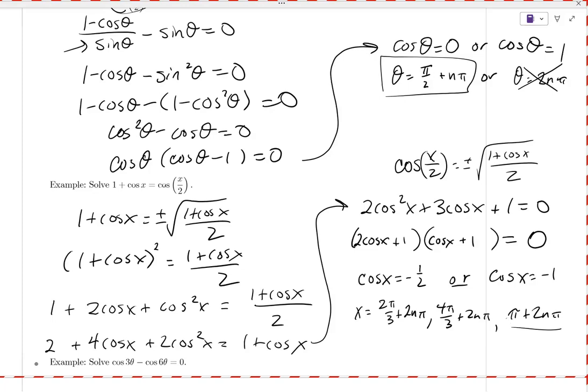But what happens if you put something in like 4 pi over 3? If I use n equal to 1 and put in 4 pi over 3, what happens? Cosine of 4 pi over 3 is negative, correct? This is in quadrant 3. It's negative a half in particular. Can the left-hand side ever be negative?